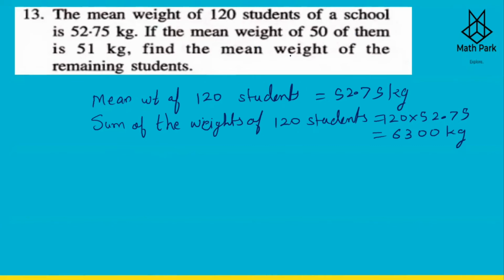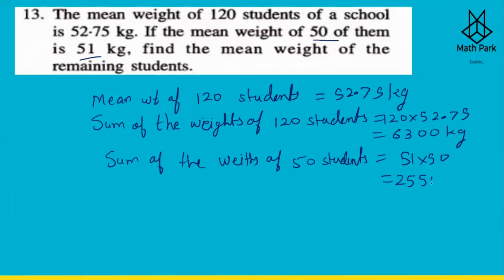Now you are given the mean of 50 of them is 51 kg. So the sum of the weights of 50 students is equal to 51 multiplied by 50, which is equal to 2,550 kg, right? Now we are asked to find the mean weight of the remaining students.